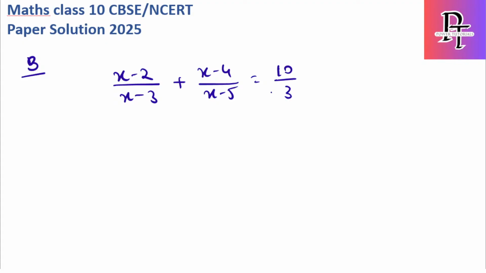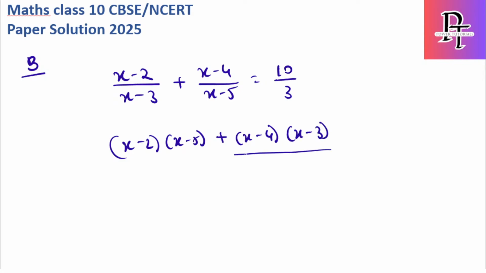So for this, let's take LCM. So this becomes (x minus 2)(x minus 5) plus (x minus 4)(x minus 3), denominator (x minus 3)(x minus 5), equals 10 by 3.